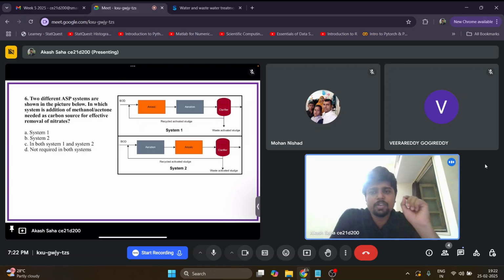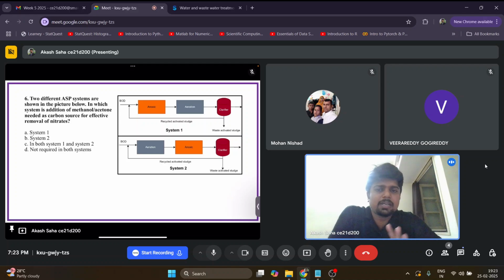The denitrification will happen only in the anoxic region, and in the anoxic region I want some carbon source. So either I have to additionally provide it, or it would be there with my wastewater itself. As you told me before, wastewater is nothing but a carbon source. So either the wastewater itself will have the carbon source, or I have to additionally provide the carbon source in the anoxic system. Now you try to answer.